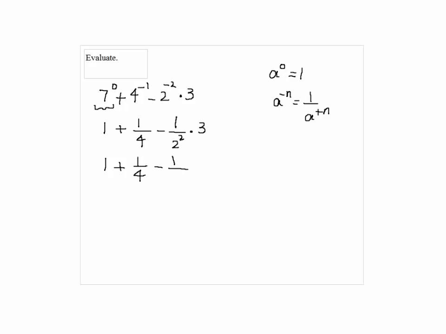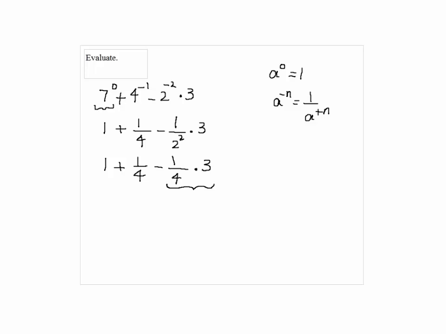So we have 1 plus 1/4 minus 1/4 times 3. We have to follow the order of operations here. From left to right, we look for parentheses and exponents, which we don't have anymore here.